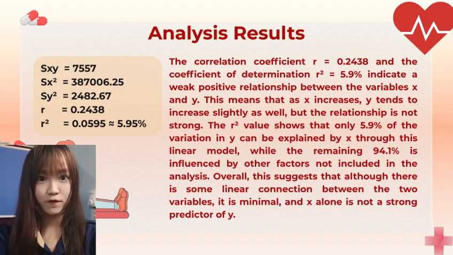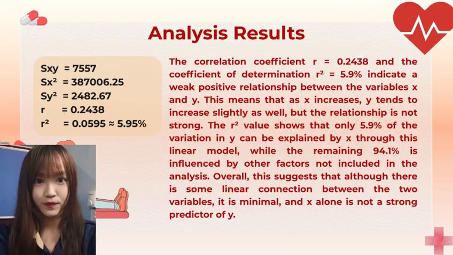The correlation coefficient R is 0.2438, which shows a weak but positive relationship between variable x and y. This means that when x increases, y also increases slightly, but the relationship is not strong. Next, we look at the coefficient of determination, R squared equal to 0.0595 or about 5.95%.